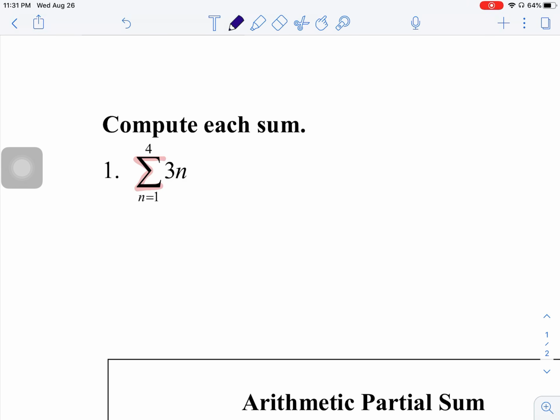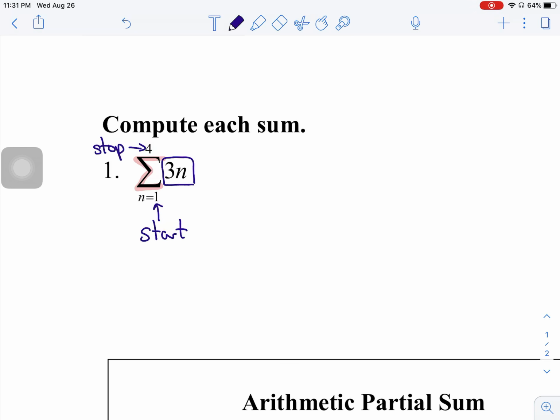This is the expression that we are going to be working with. The number at the bottom tells you where to start, and the number at the top tells you where to stop.